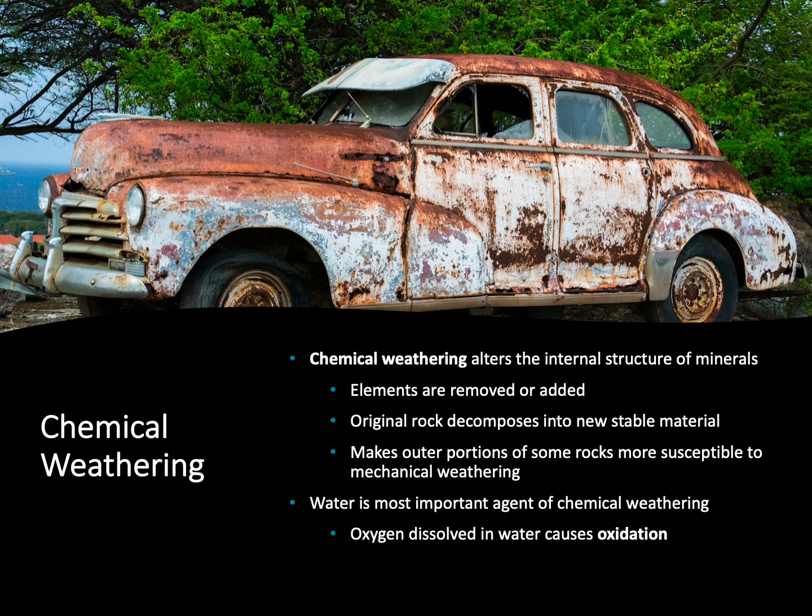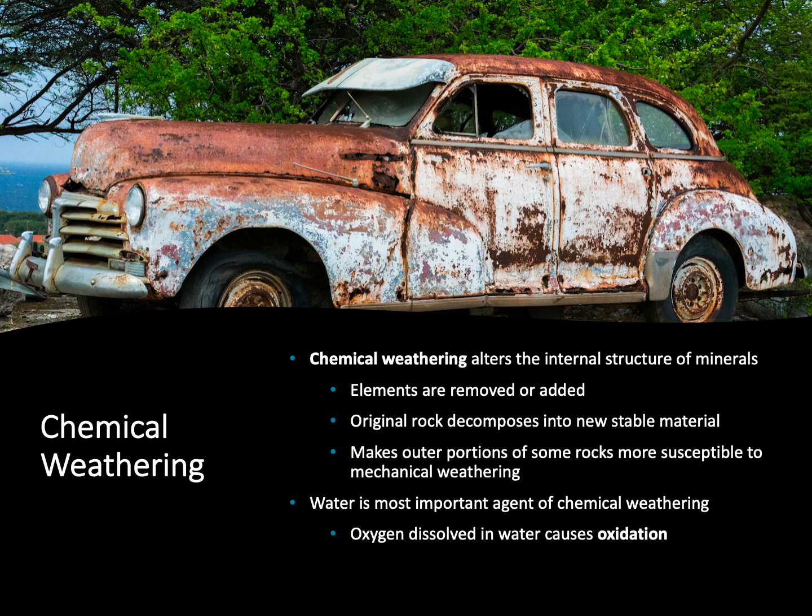And a really good example of this is a rusty car. In this image, we can see this old car that has a really thick layer of rust. When this car was first produced, I bet it looked fantastic. But over time, chemical weathering happened. Water was able to get into that metal, and it was able to chemically alter the inside of that metal, leading to a layer of rust, which decomposed that metal into a new stable material.